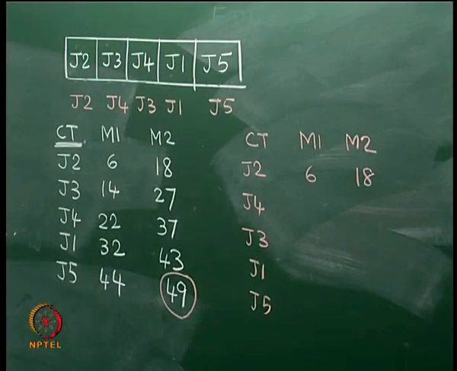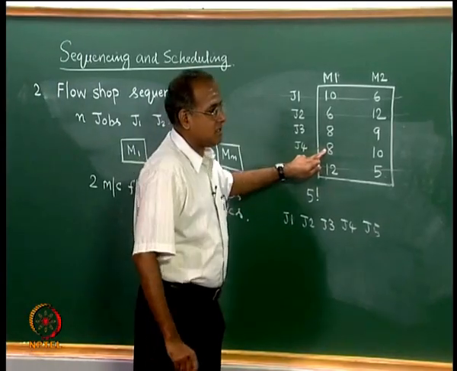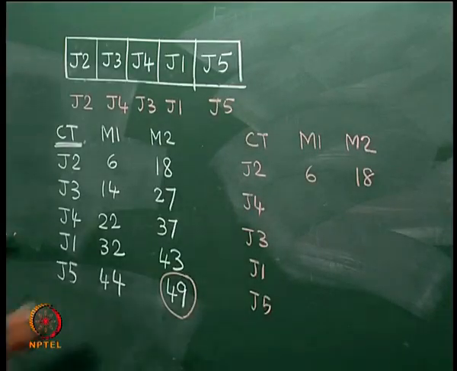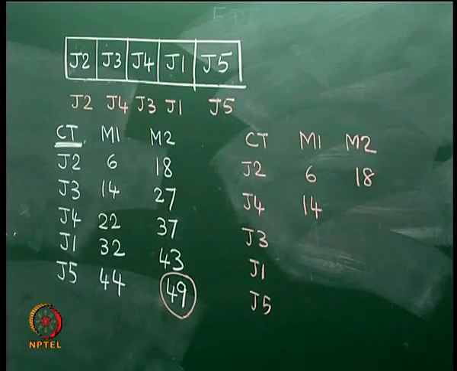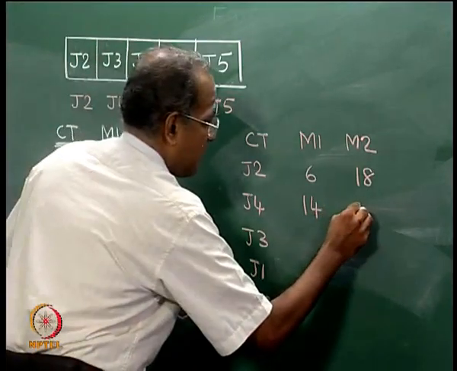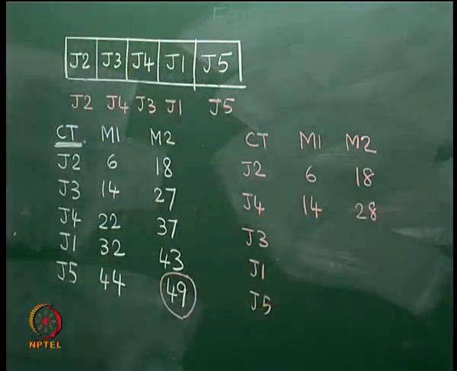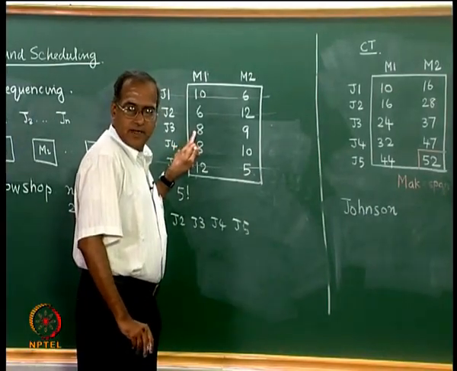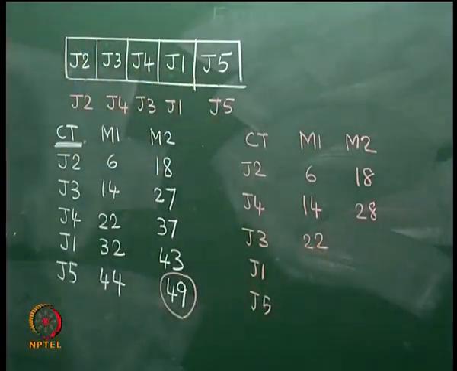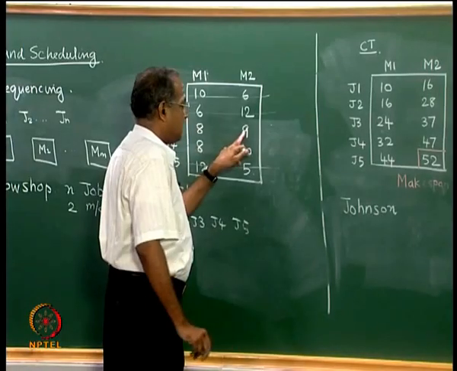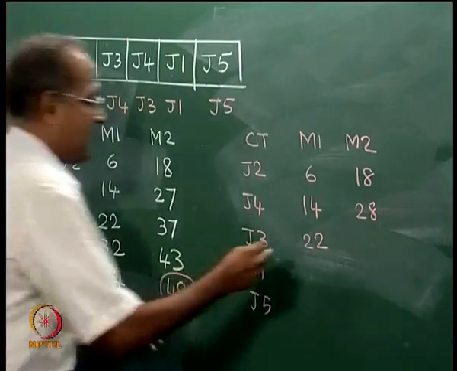Next we have J4, so J4 takes M1 at 6, finishes at 14, has to wait for 4 units of time, so goes to M2 at 18 and finishes at 28. Now, J3 can start at 14, takes another 8 units of time, so 14 plus 8, 22, waits for 6 more units, goes to M2 at 28 and then plus another 9, finishes at 37.